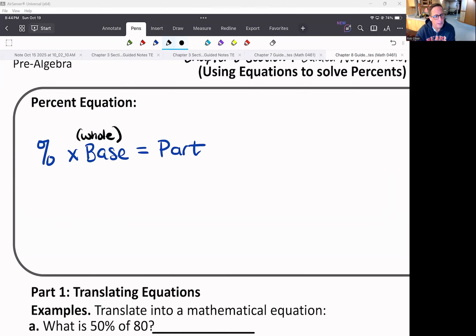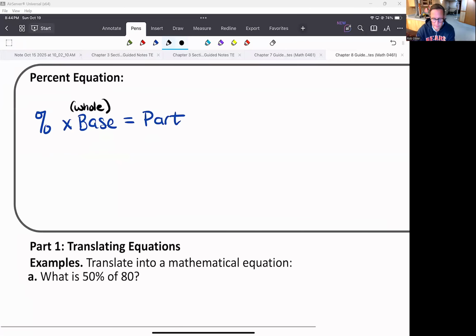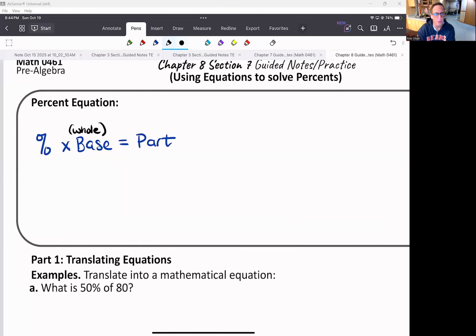The whole could be the price of something before it's made at a factory and sent to a store, where it's marked up, so it might be the price before the markup. It just depends on what the problem is; it could be anything. So like I said, that's your real basic percent equation.